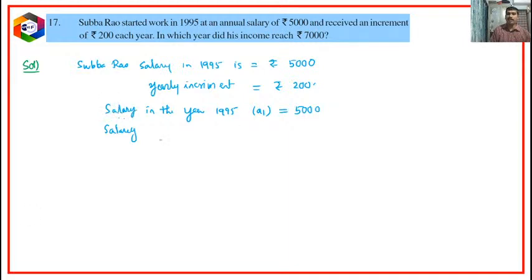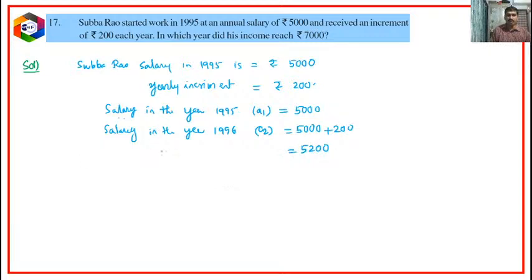Salary in the year 1996, that is A2, which will be 5,000 plus 200, equal to 5,200.